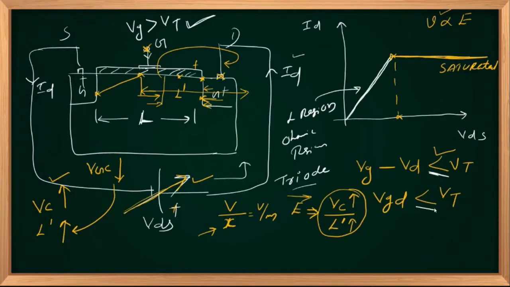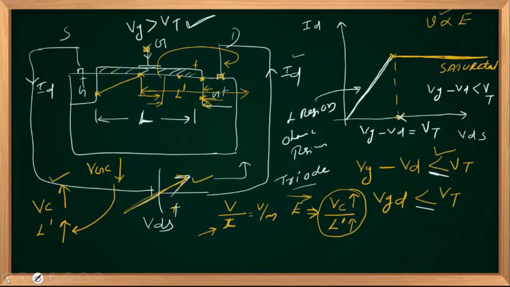Right? So this is the point at which Vg minus Vd is less than or equal to Vt, or that single point can be identified by equating to Vt. This region is Vg minus Vd less than Vt. Right? Please don't confuse. We will derive the other condition also.